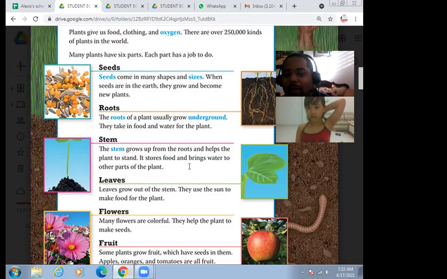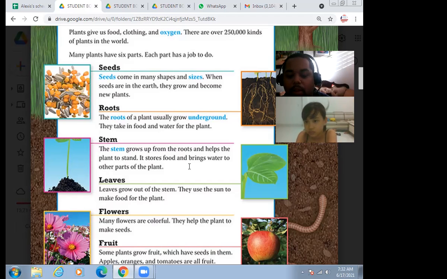That's right. Let's talk about roots. Where do they grow, up ground or underground? They grow underground.